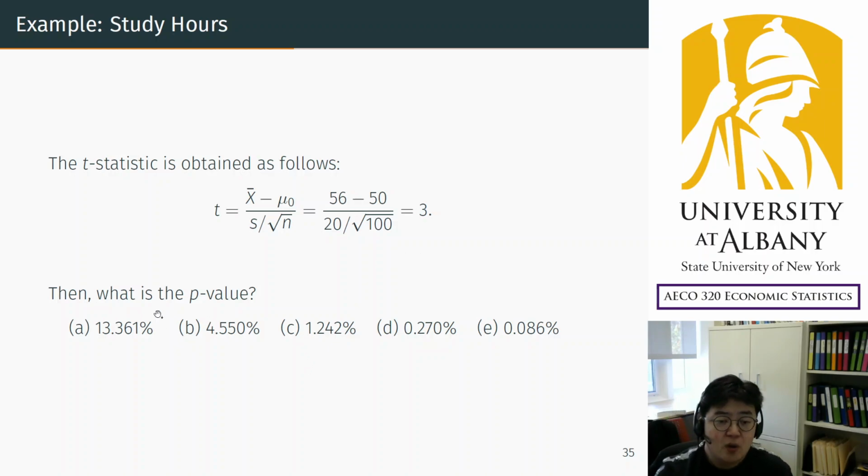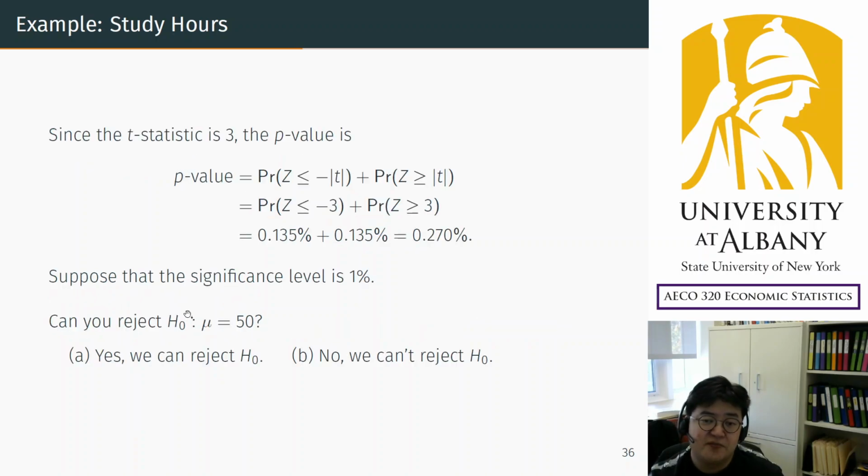And then, what is the p-value here? The p-value is the probability outside this observation. Again, pause the video and calculate the p-value using Excel. Okay, let me show you the answer. The standardized t-statistic is 3. That means the p-value is the probability outside plus and minus 3.